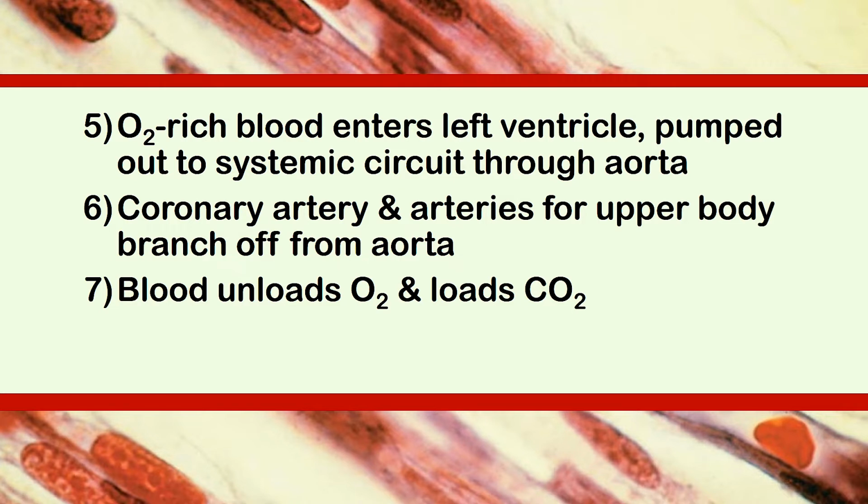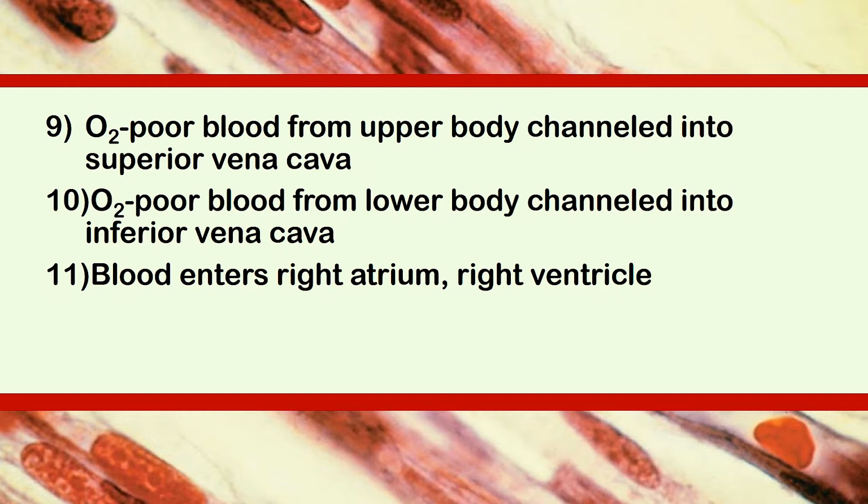In either case, the blood will unload that oxygen and load up with carbon dioxide. That oxygen-poor blood coming from those capillaries will then move towards, in the case of the anterior circuit, the superior vena cava, or in the posterior circuit the inferior vena cava.